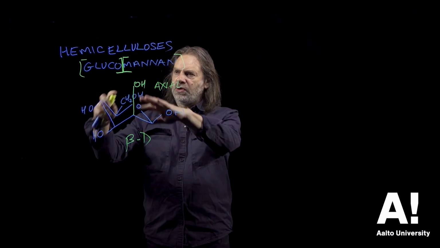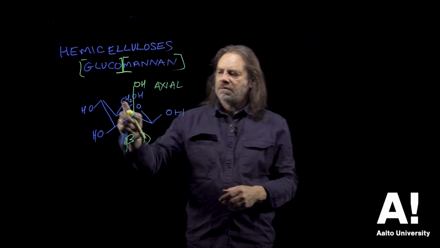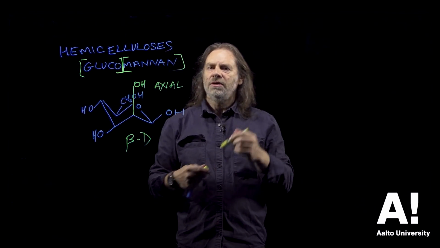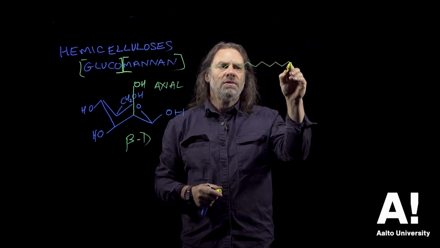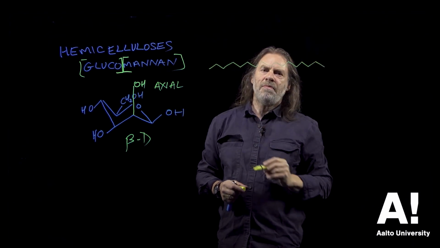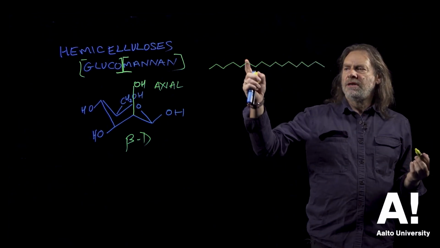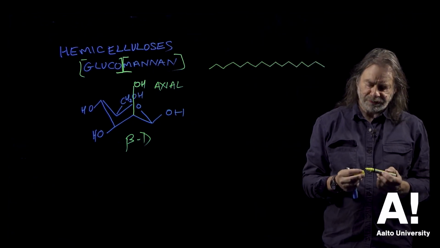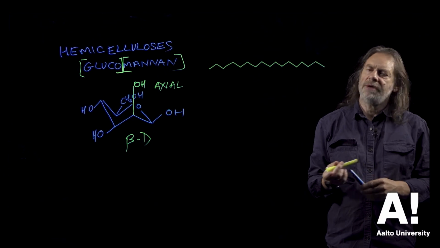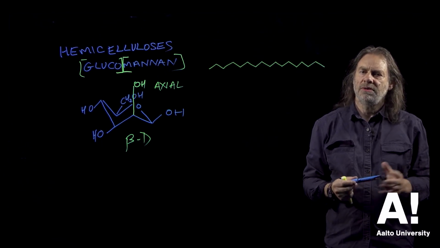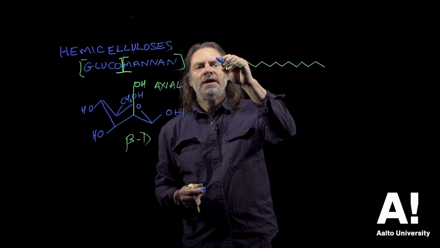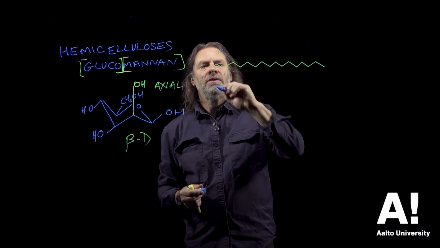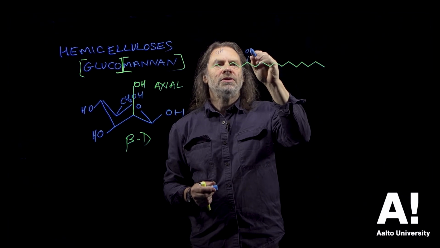The first thing we do is we can join these molecules together. The glucose and the mannose all join together to form a backbone that is linear. So that linear backbone is quite capable of bonding to the surface of the microfibril because of its shape. And on that linear backbone, we have hydroxyl groups.